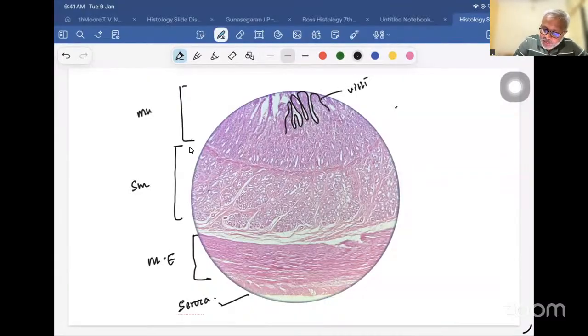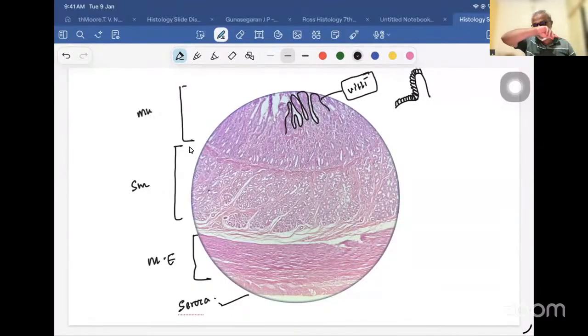If the surface epithelium is like this, resting on a basement membrane, the villi form as a projection. And the columnar cells which line the mucosa of the small intestine continue to line it. This is a villus. So the typical feature of small intestine is the presence of finger-like projections called villi.